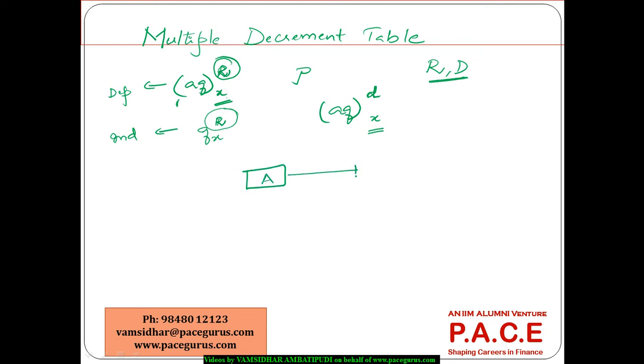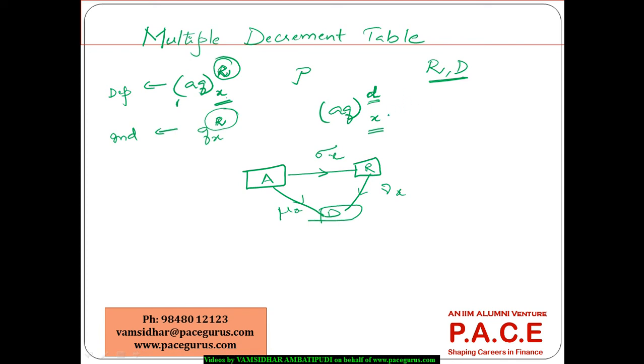I go with this A R D model, where we have active to retirement sigma x, active to death mu x, retirement to death nu x. Now A Q X D is, given that retirement is also there, the probability that the person will leave state X because of death.